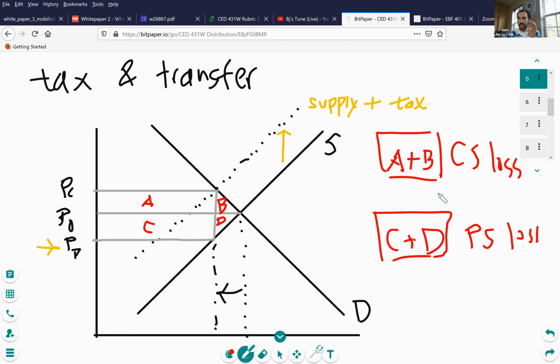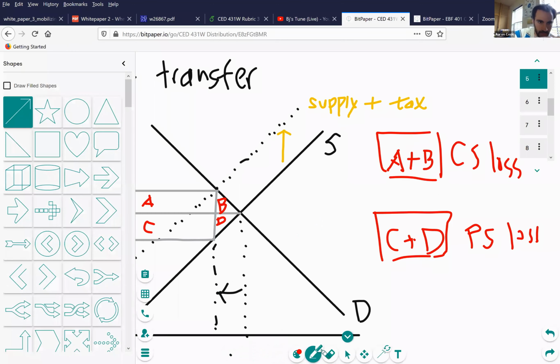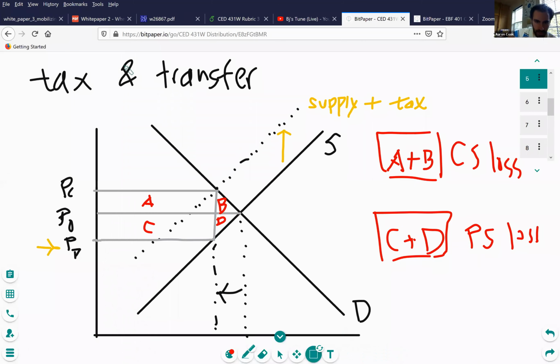And then presumably there's some transfer of this money. So these funds, remember the funds that are collected here, I can actually draw a box around that. So basically, A plus C is the tax revenue that's collected.